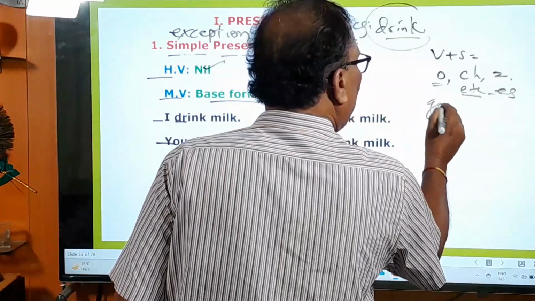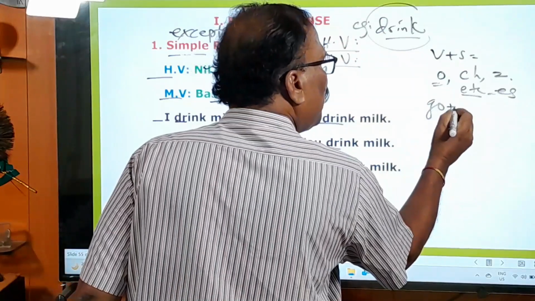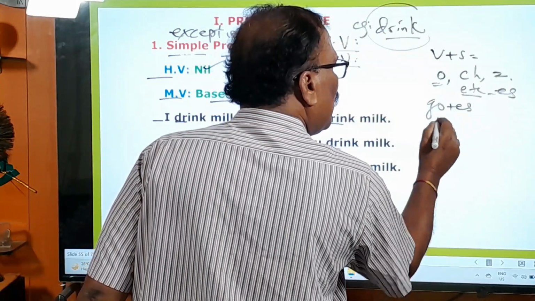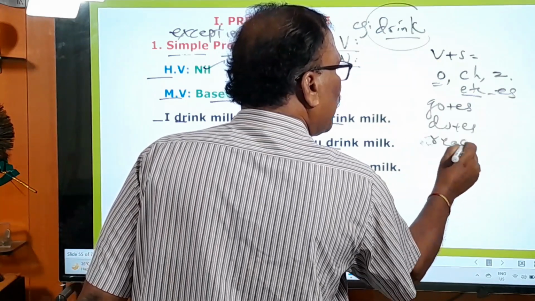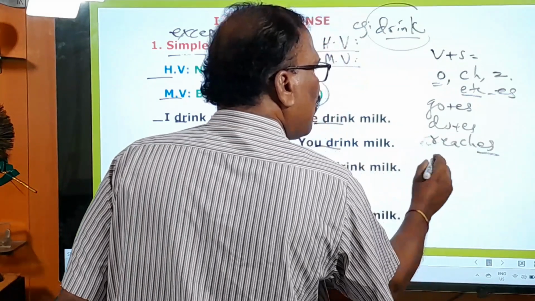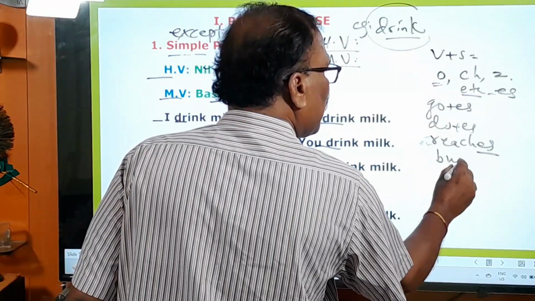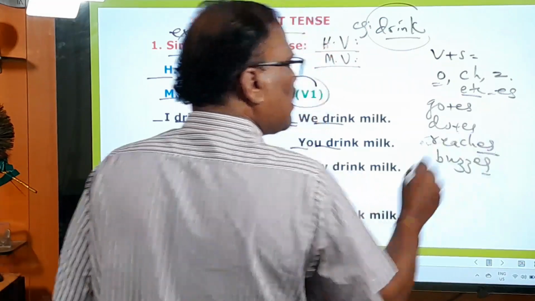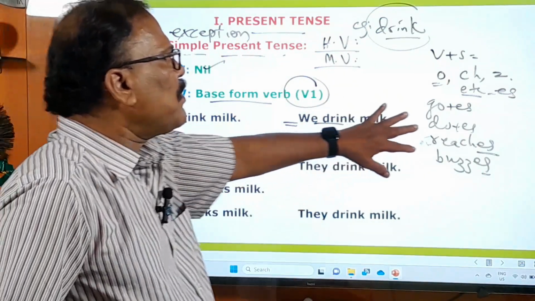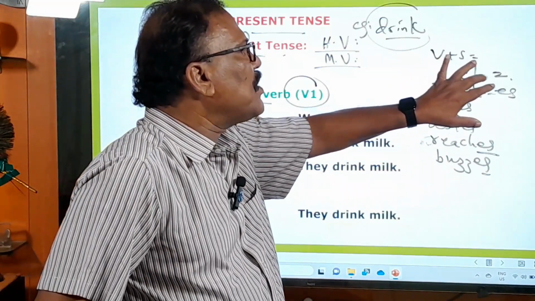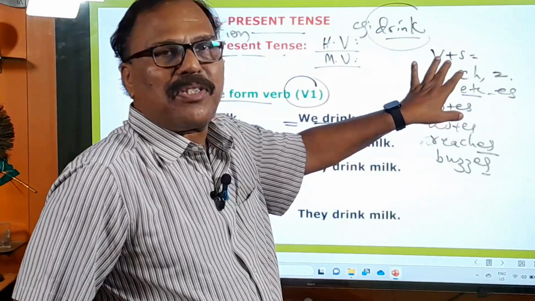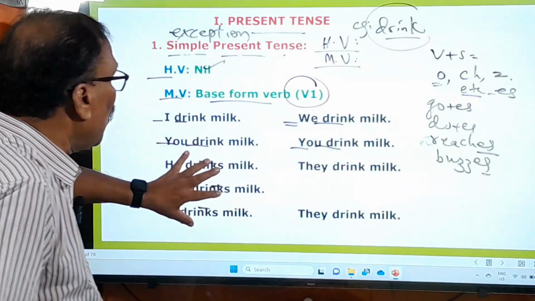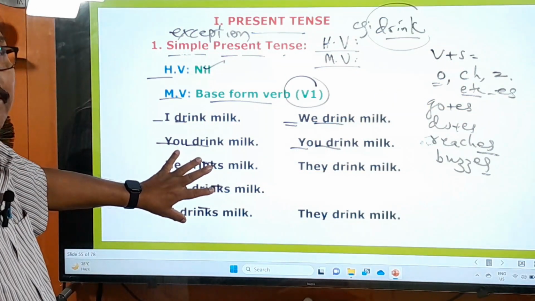For example, go is there, and in the third person singular, what do we use? We use es: goes. Do is there, we use es: does. Reach is there, reaches. Buzz, buzzes. Something like that. The verbs ending in o, ch, z take es, and all other verbs take s after them in the third person singular only.